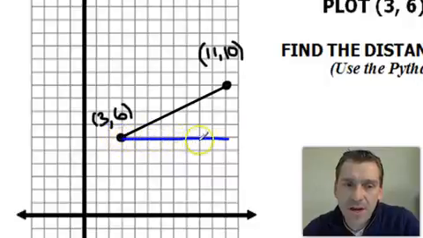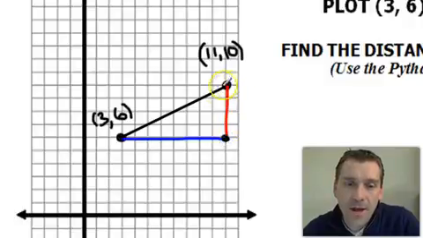And now I'm going to draw a line likewise from point 11, 10, straight down parallel to the y-axis, stopping it right there, creating another point.